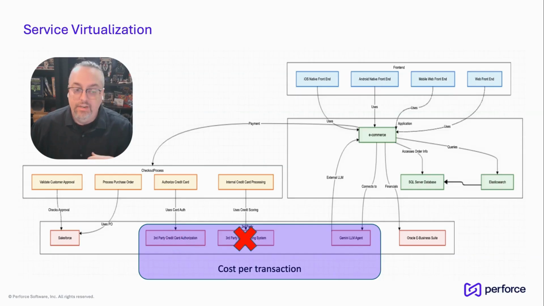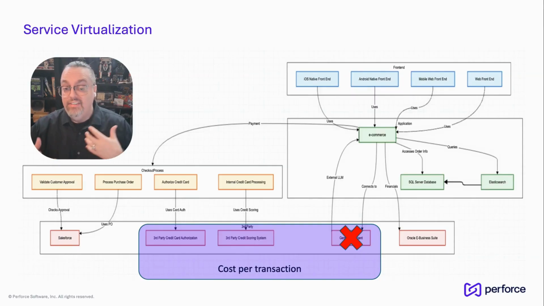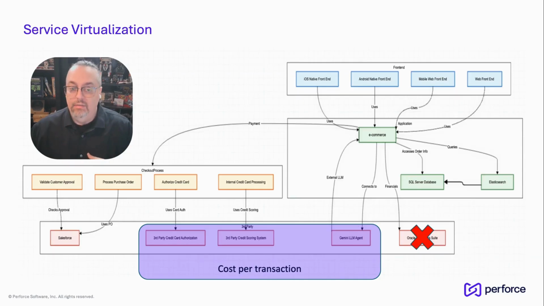Or the same thing on the FICO system. Or the LLM agent, you haven't even set it up in that lower environment because it's brand new. Or Oracle E-Business Suite isn't available, or Elasticsearch isn't available because the developers are working on a new version in the lower environment, so it's just not available right now.